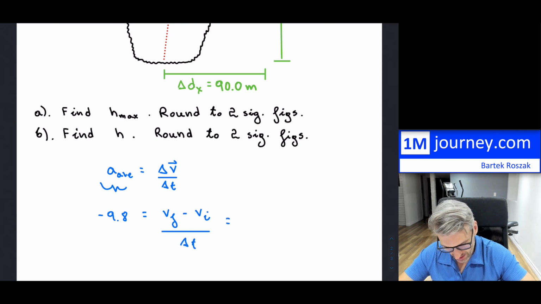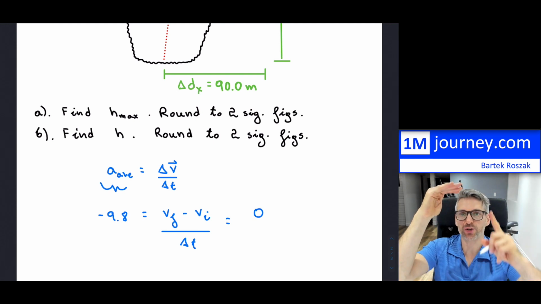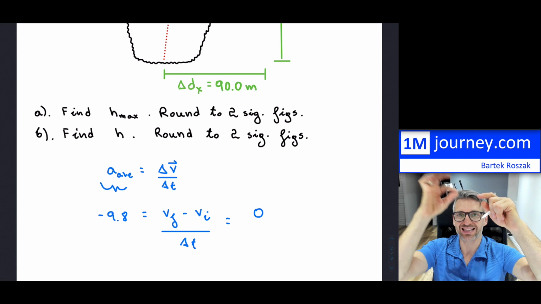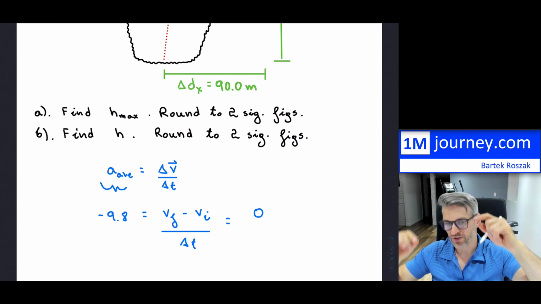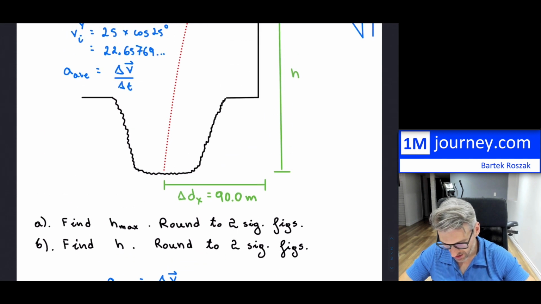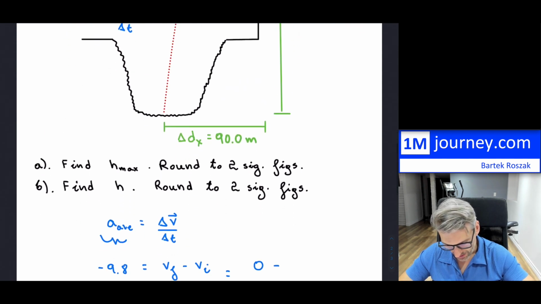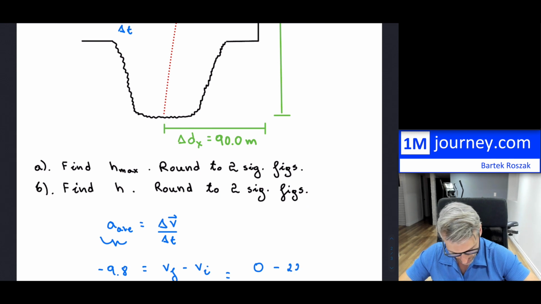But what does this equal? My final is 0 because at the peak, any projectile eventually is going to stop. That's the peak height, and then it's going to start coming down. My initial one was the 25 times cos of 25 degrees, and since I worked it out, I'll keep it.